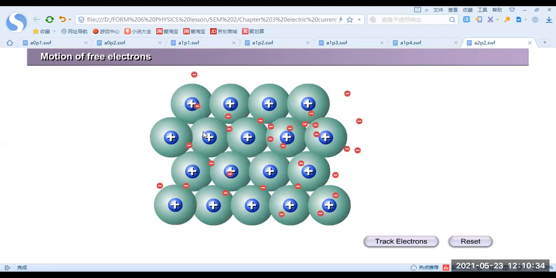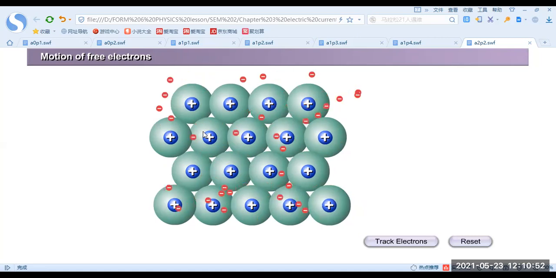When we learned in Semester 1, metal is a good conductor of heat. Why? The same reason as why metal is a good conductor of electricity.